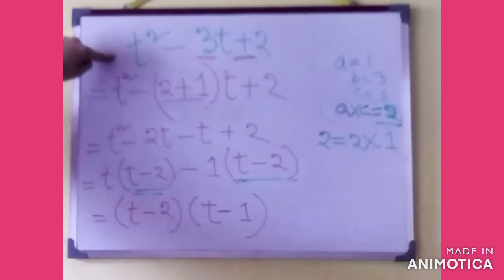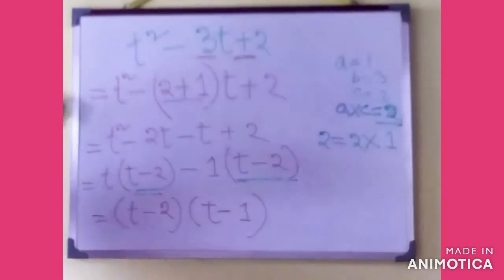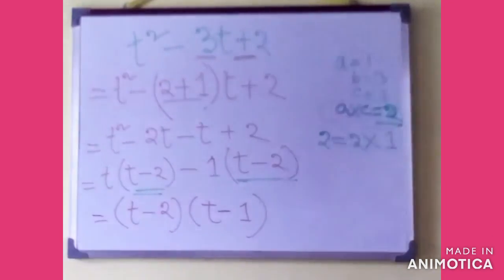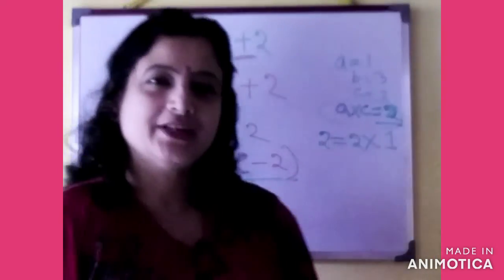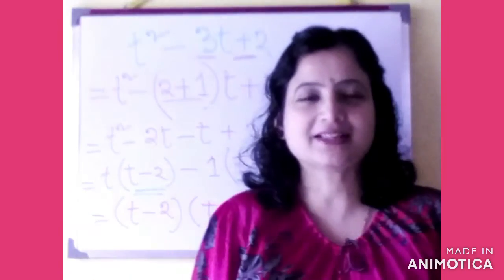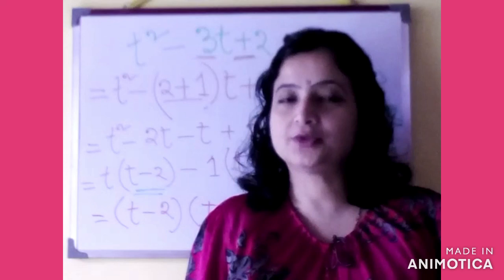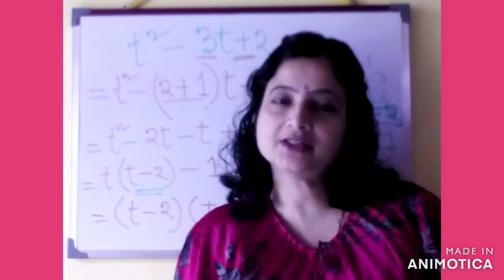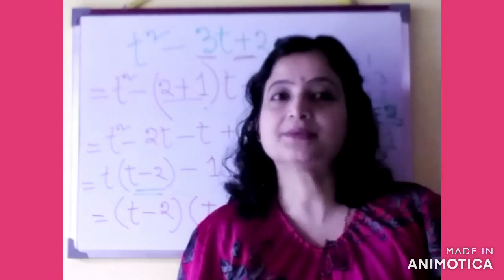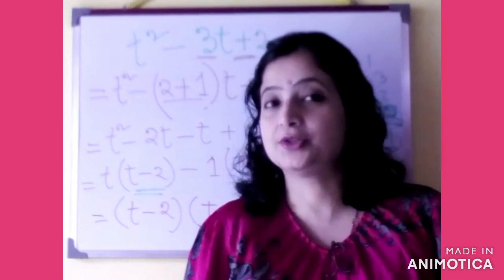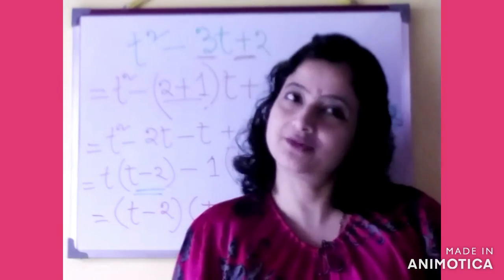Whether the highest power term coefficient is 1 or not doesn't matter, we will just follow our rule. So today up to this for middle term factorization, and it is a very easy way to get factorization, and sometimes it's also required in solving equations.